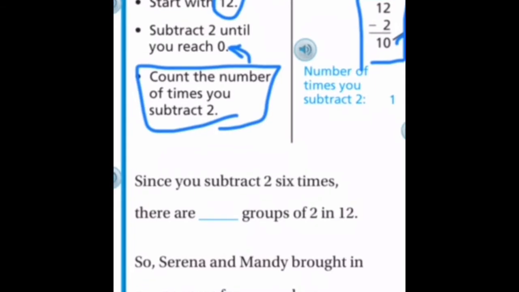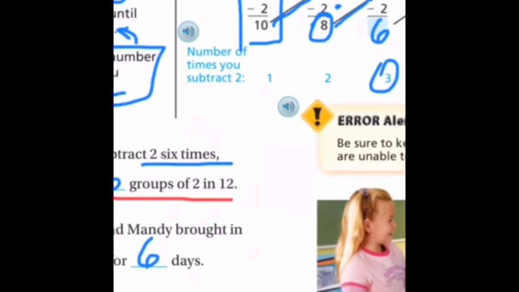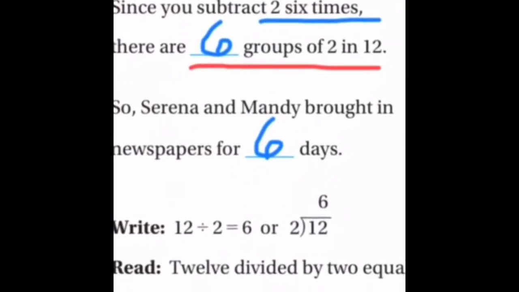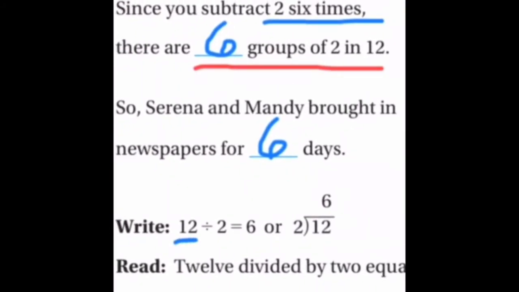So since we subtracted 2 six times, there are 6 groups of 2 in 12. And we'll look at these 3 numbers here in just a moment when we finish. So Serena and Mandy brought in newspapers for 6 days. Okay, so what that tells us is we see it down here, 12, that was the total number of papers, divided by the 2 that were brought in every day, is a total of 6 days.